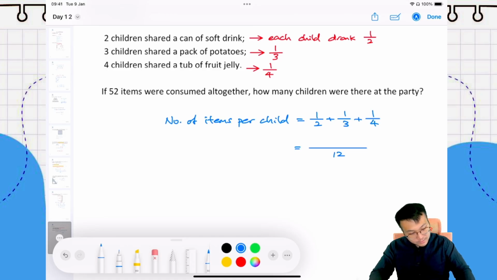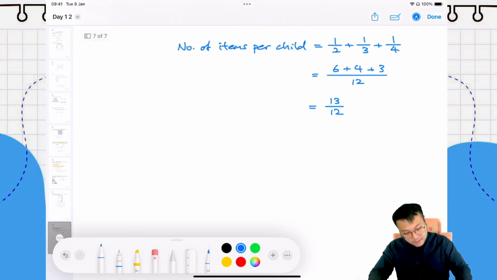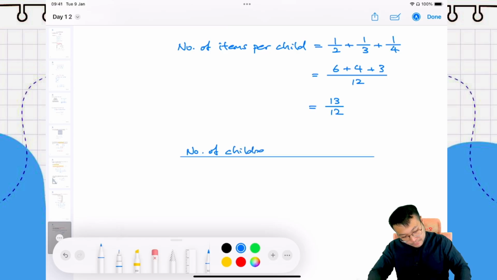Okay, you make the denominator the same. Then you have 6, 4, 3. That means each child makes use of 13/12 of an item. So if 52 items were used altogether, how many children are there altogether? 52 items divided by the number of items that each person used.